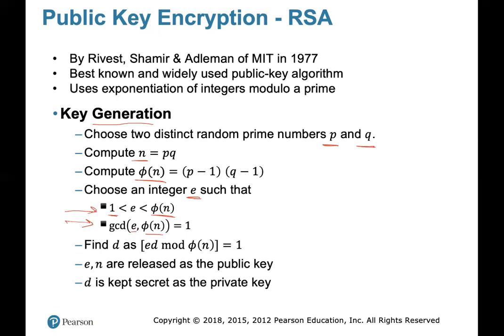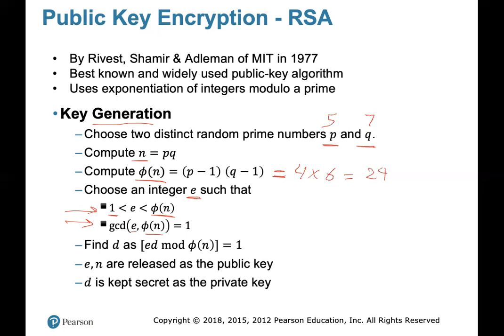Which means that E and phi n should be co-prime. For example, let's return to our example numbers, assuming 5 and 7. Here phi n will be 4 times 6, which is 24. Of course, these are very small numbers, not good for encryption. I'm just giving you an example.